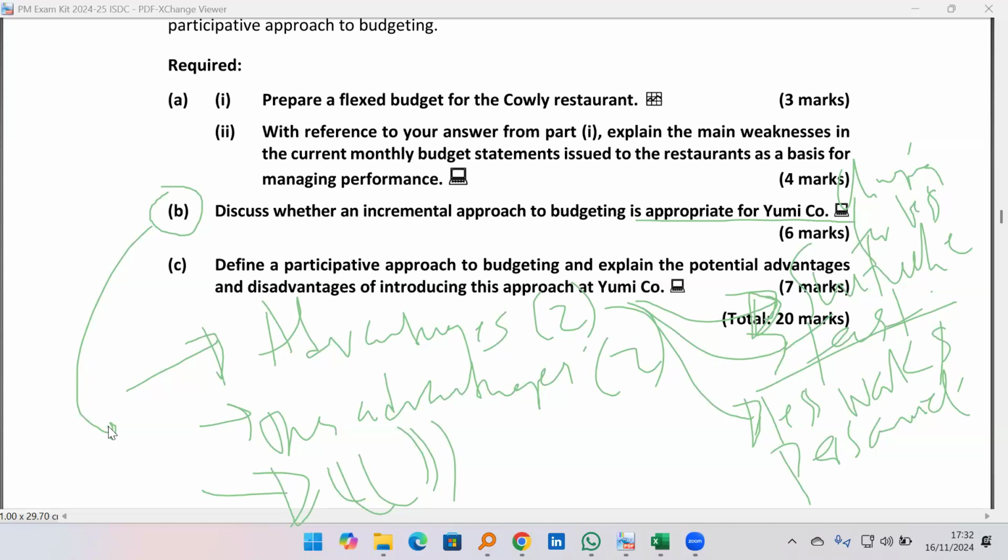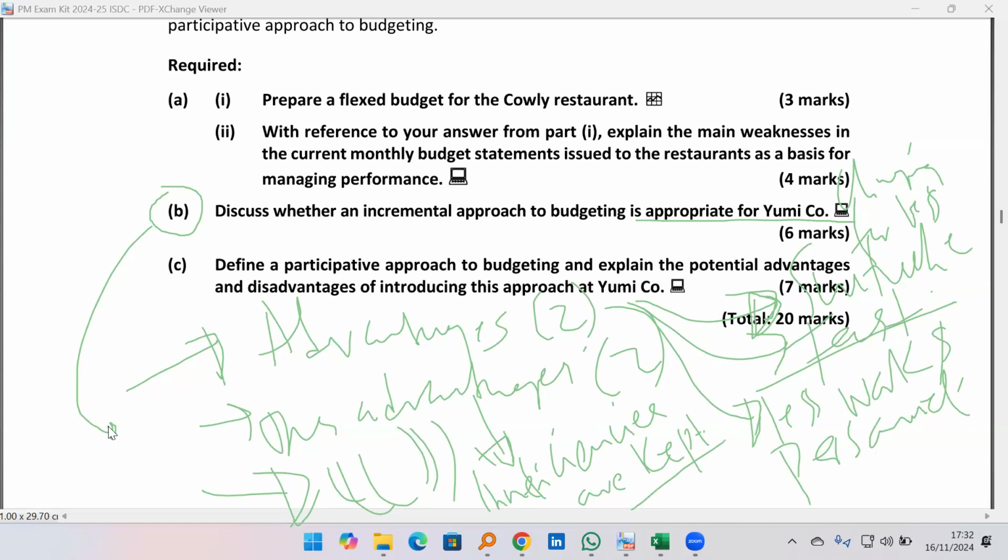But now, you see, the problem with this budgeting approach, the disadvantage, it is what I talked about when we are starting, inefficiencies. Inefficiencies are kept. Now, because we are looking at cost control, remember they said that Yamco, even if it has been profitable over the years, because the margins are usually small, it has to control the costs.